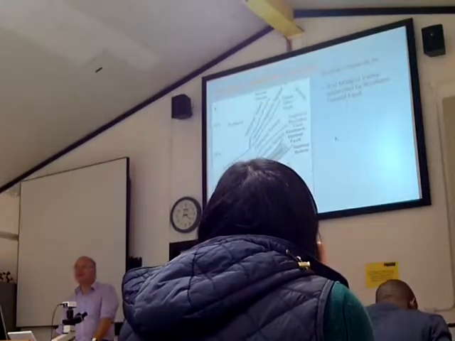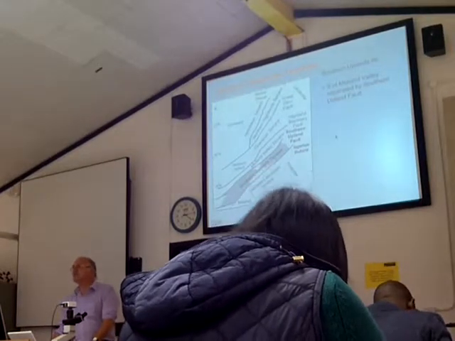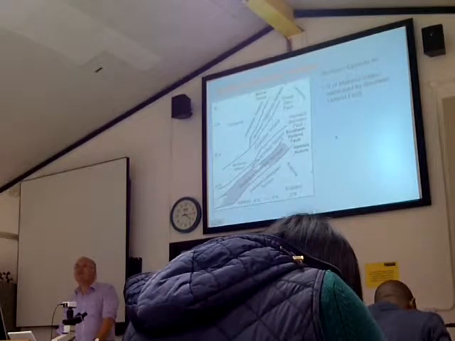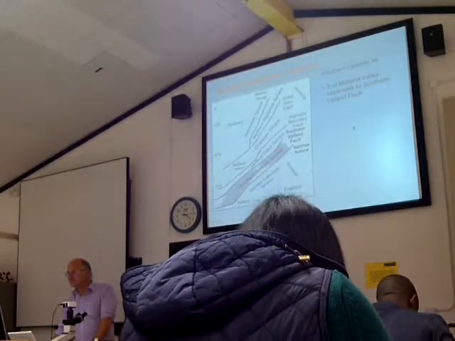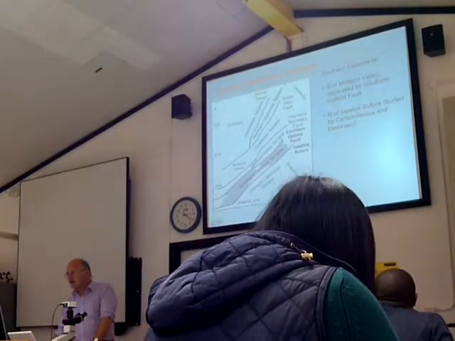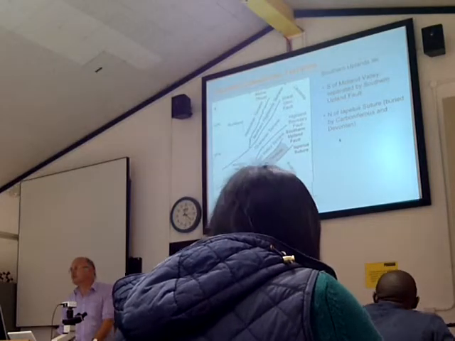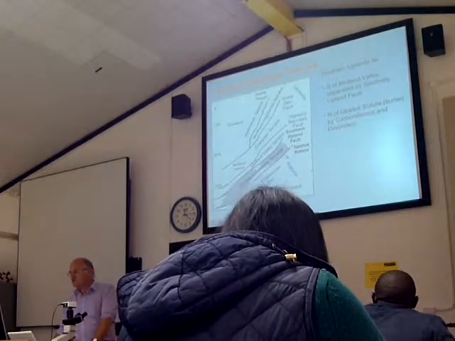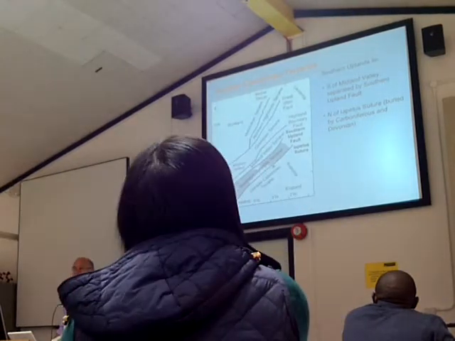So, as we know, the Southern Uplands lie to the south of the Midland Valley, separated from the Midland Valley by the Southern Upland Fault, which is this fault going down there. They lie to the north of the Iapetus Suture, which is shown by this line going across the map.